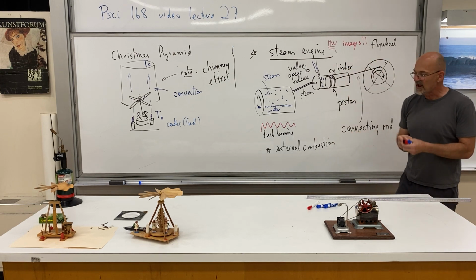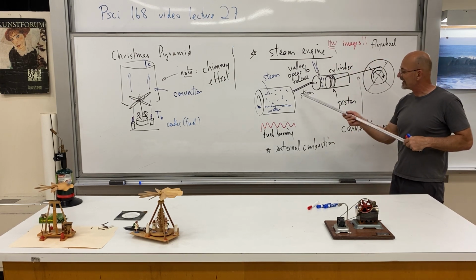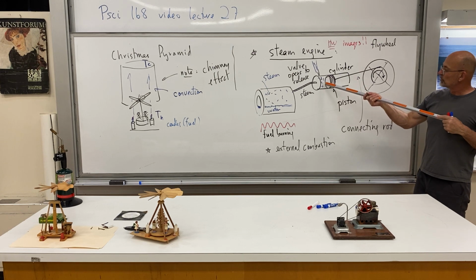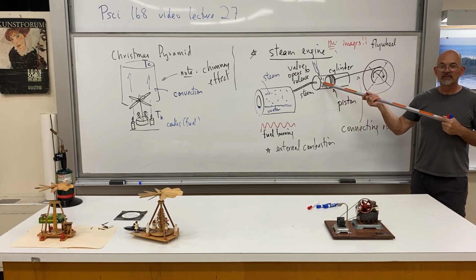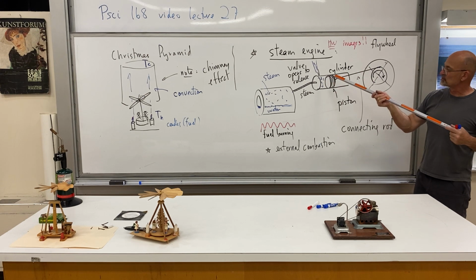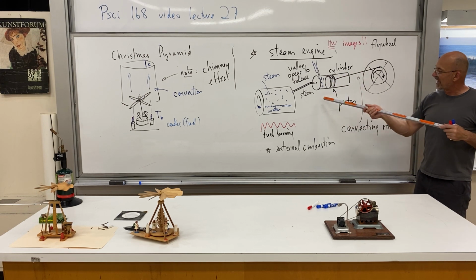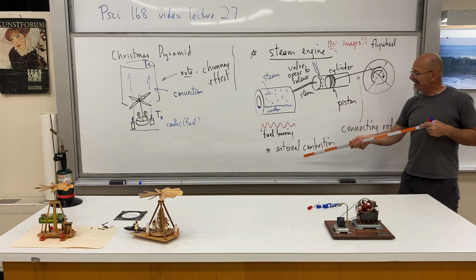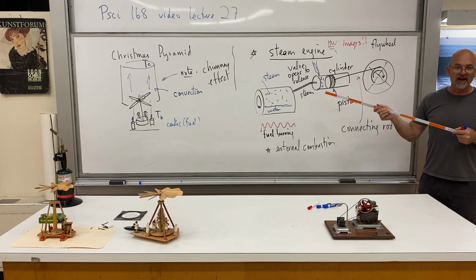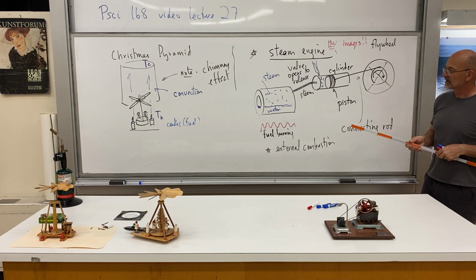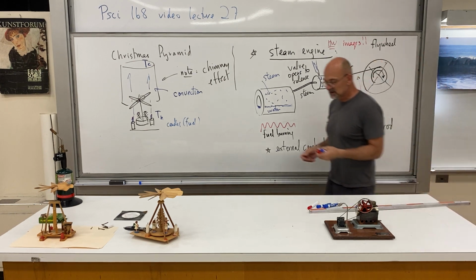Your automobile does not have a steam engine like this. Instead, gasoline will be injected into the cylinder and exploded each time the thing makes a turn. So external combustion is what I've shown here. Internal combustion is the kind of engine you have in your automobile. I'm going to consult the clock.